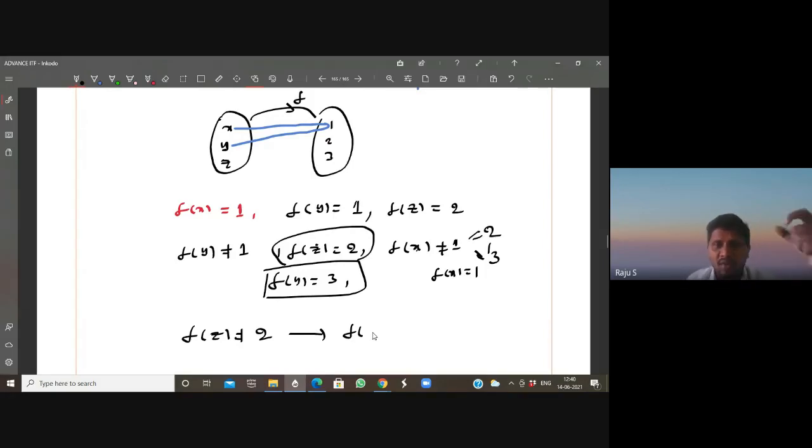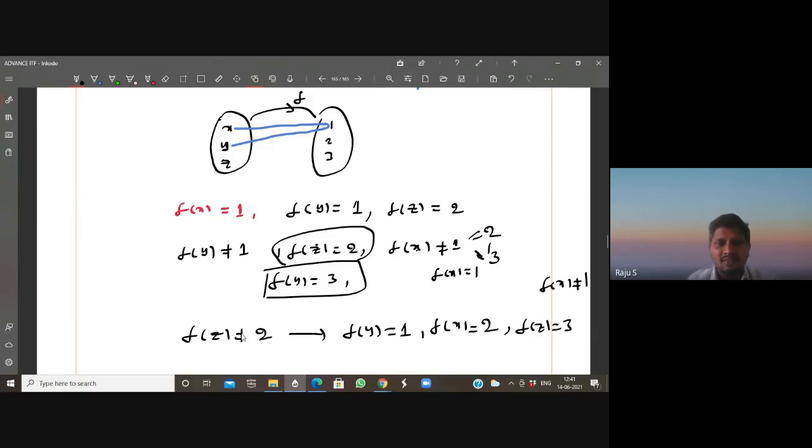Students, when f of z is not equal to 2, then f of x is clearly not equal to 1. And f of z value is not 2, so f of y I am taking as 1. f of x I am taking as not equal to z, so that it must be equal to x. Okay, then final f of z value I am taking as 3.